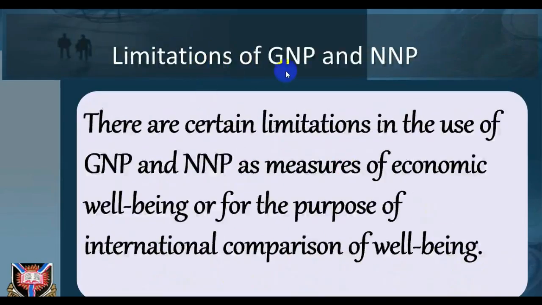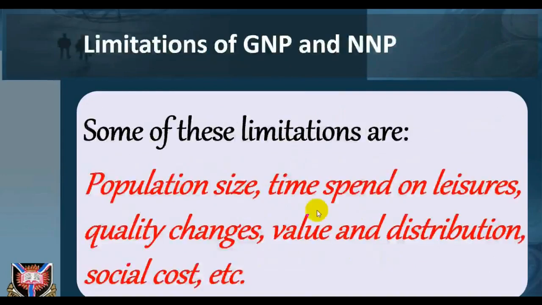Limitations of GNP and NNP. There are certain limitations in the use of GNP and NNP as measures of economic well-being or for the purpose of international comparison of well-being. Some of these limitations are population. GNP and NNP are not very meaningful unless one knows the size of population of the country in question.